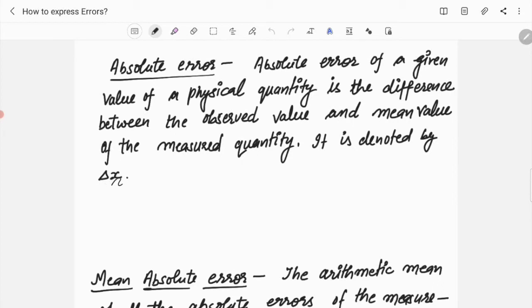So it is denoted by delta x. So again I am telling you, absolute error is the error which is equal to the difference between the observed value and the mean value of the measured quantity.